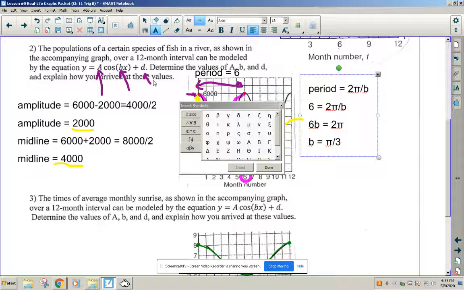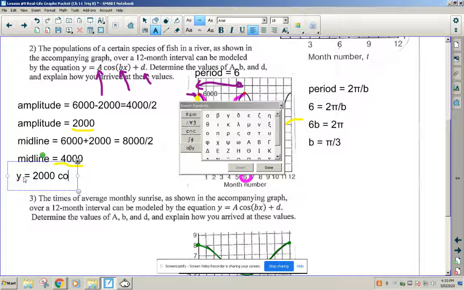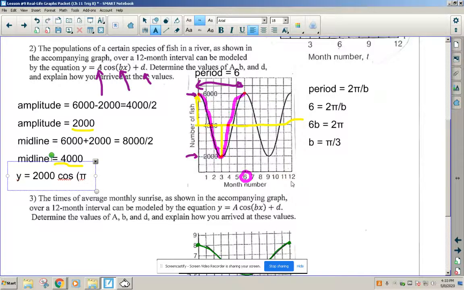So if I now wanted to write my full answer according to what they gave me here, this would now be y is equal to my amplitude of 2000 cosine of my frequency, which is pi divided by 3, times the time.